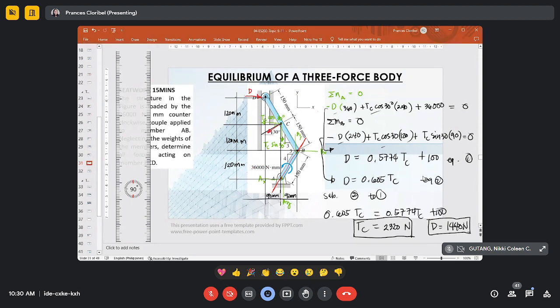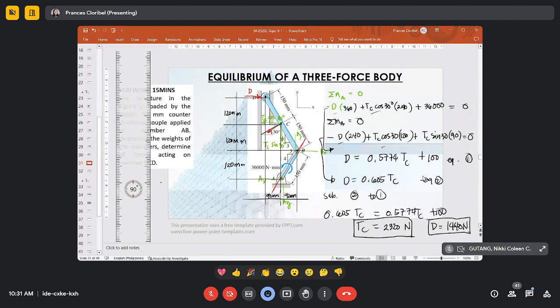That is for the unknowns, D and C. Now, since these are given, if we are going to resolve member BCD, our free body diagram would be this.